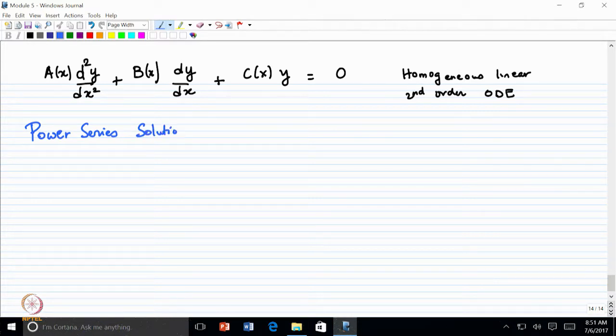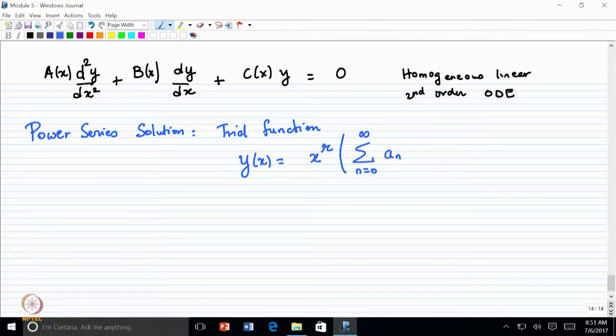solution. Okay, so, the most important idea is that you write a trial function that has the particular form. So, you write your trial function y(x) equal to x^r times the sum over n equal to 0 to infinity of a_n x^n.